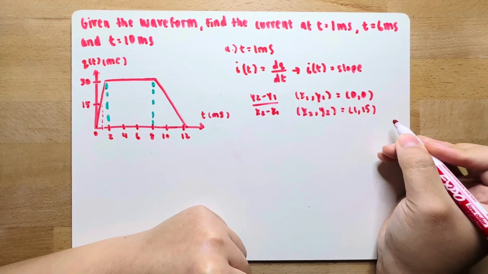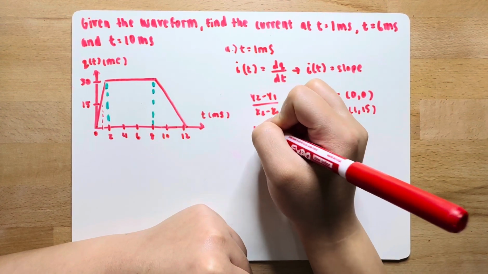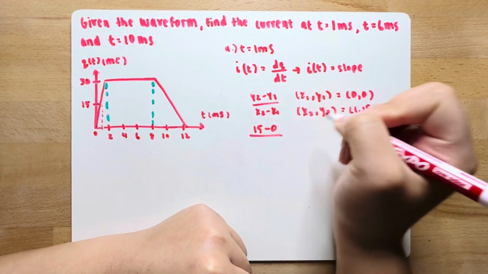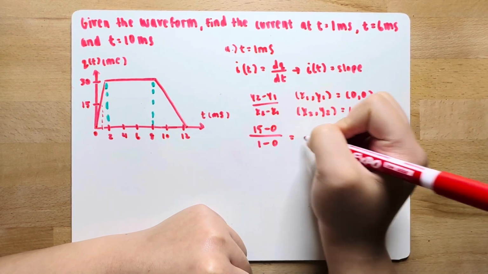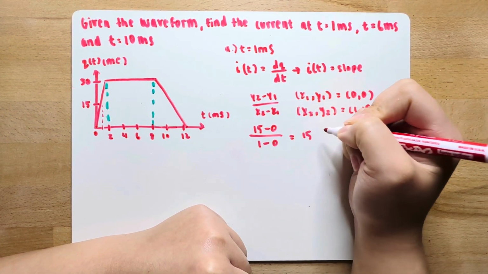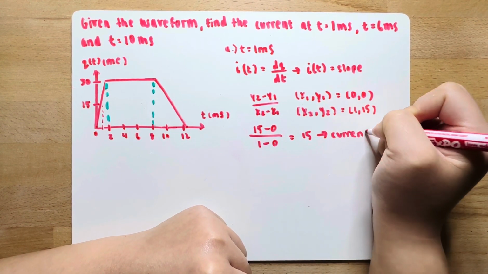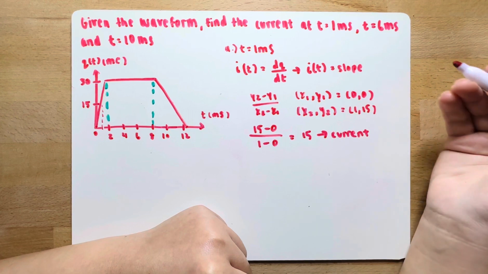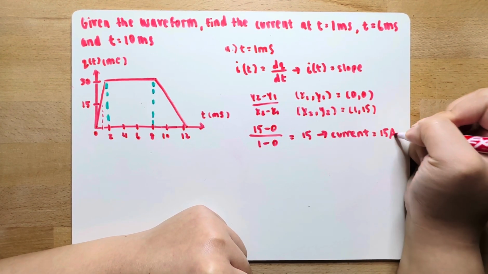So the slope of this is going to be y2 minus y1, which is 15 minus 0, over x2 minus x1, 1 minus 0. Slope is 15. Therefore, the current at t equals 1 milliseconds is going to be 15 amps.